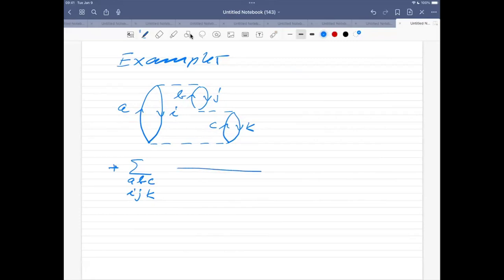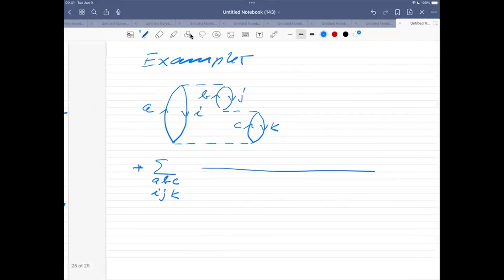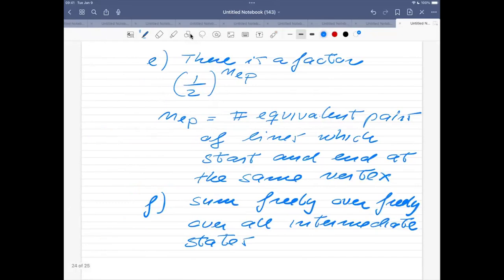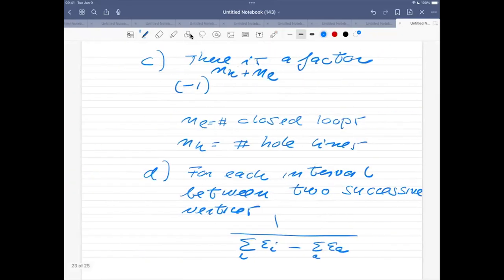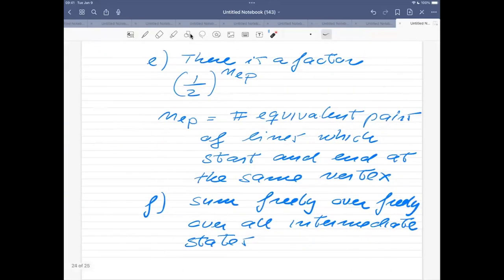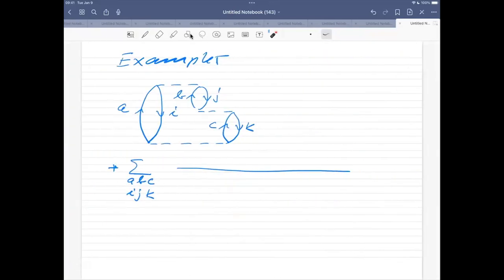And now let's set up the energy denominators. We are now going to look at the single particle states which we have between each interaction vertex. That means that we are going to look at the hole lines here and the hole lines here.